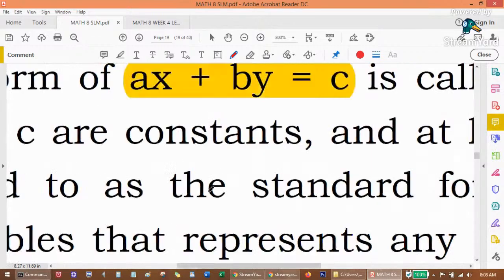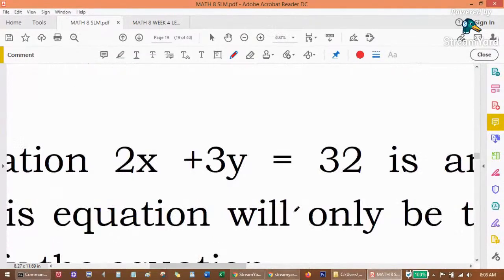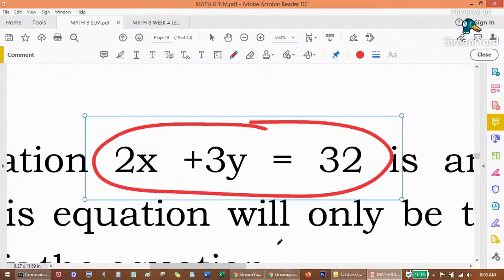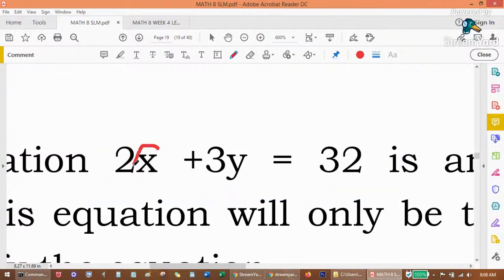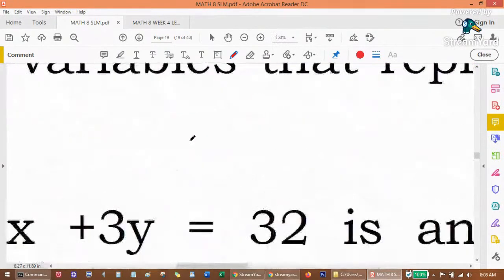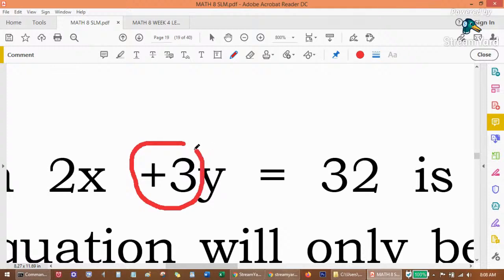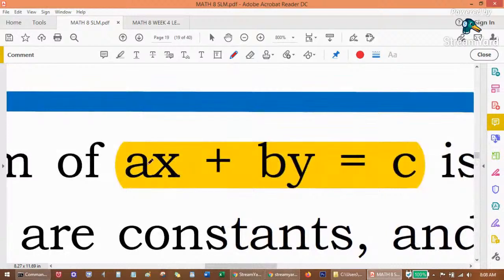Okay, example. This is an example of a linear equation. Meron tayong two variables, x variable and y variable. This is yung A, naman yung B. Okay?